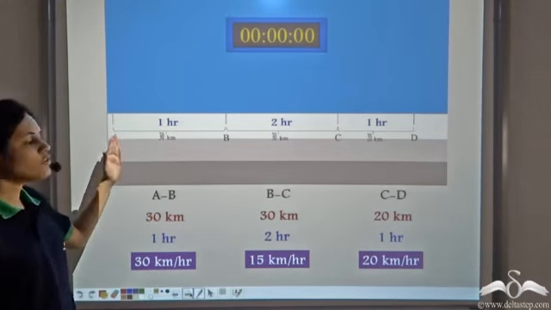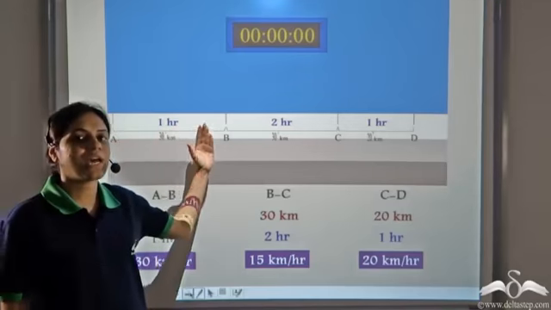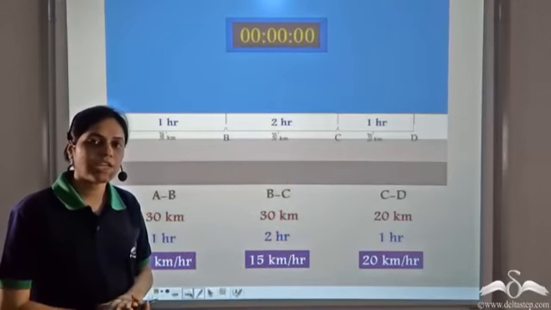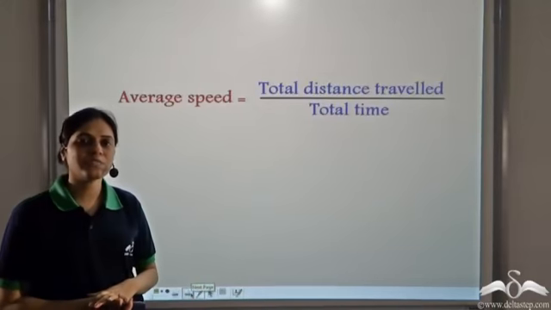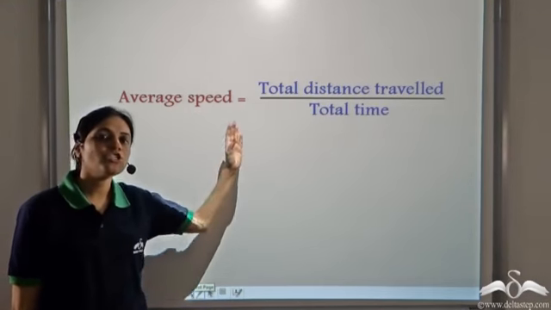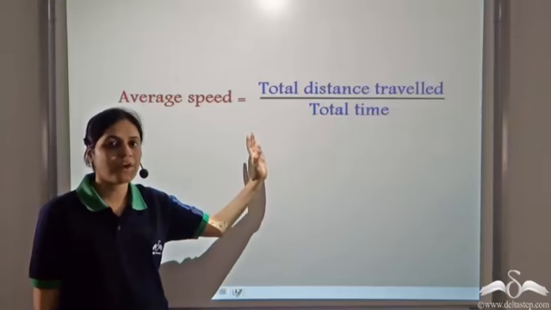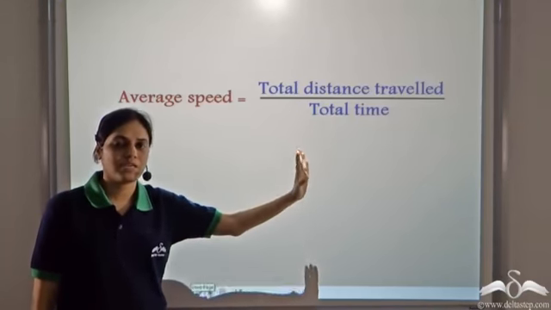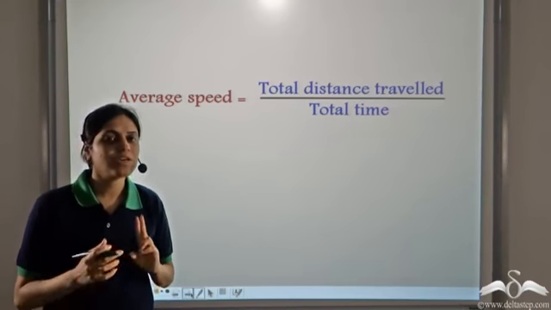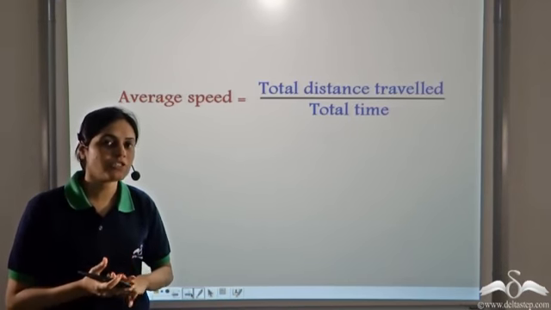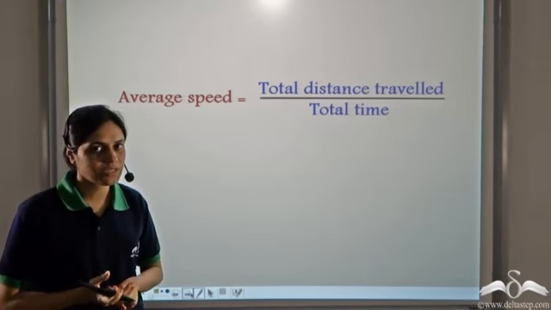Because if we want to calculate the speed for the entire journey, we want to calculate the average speed of Jerry. And the average speed is given by total distance traveled divided by total time taken. We had seen that the total distance traveled by Jerry was 30 plus 30 plus 20, that is 80 kilometers.